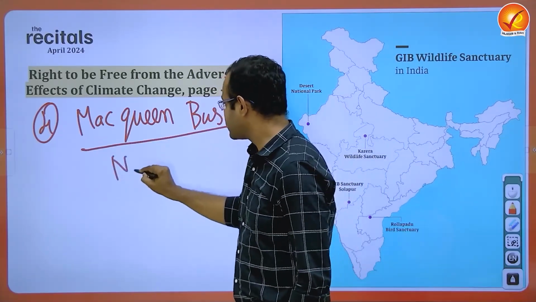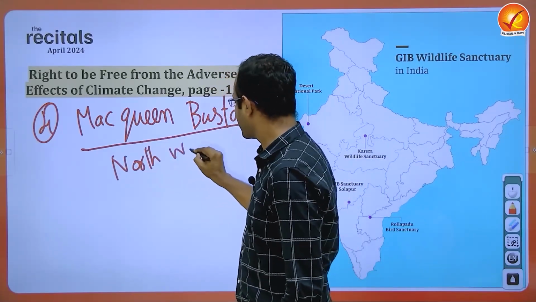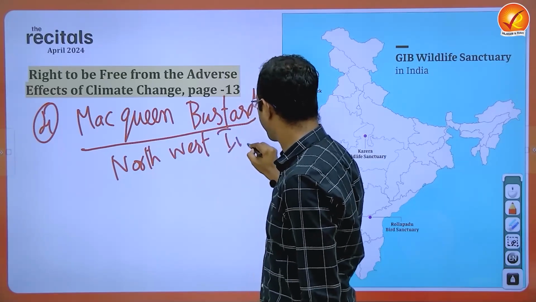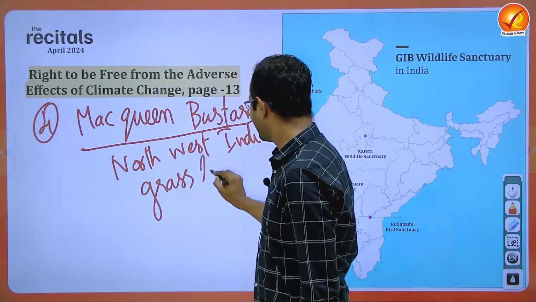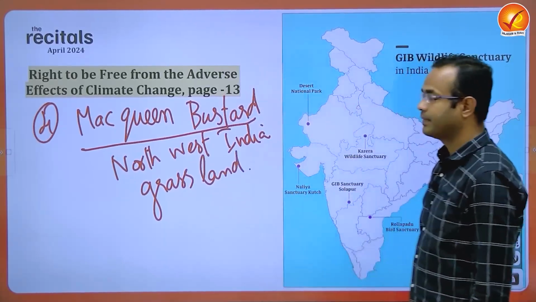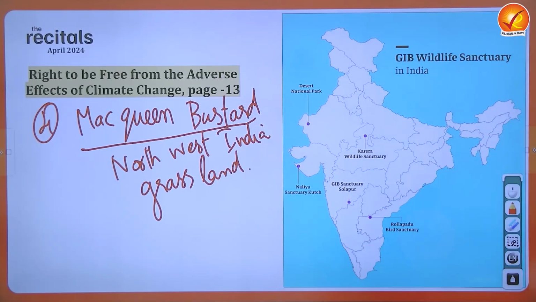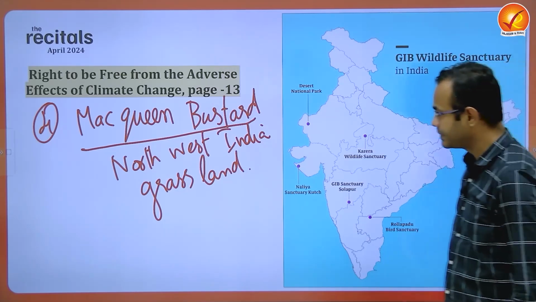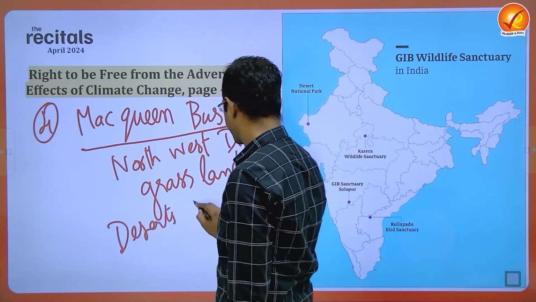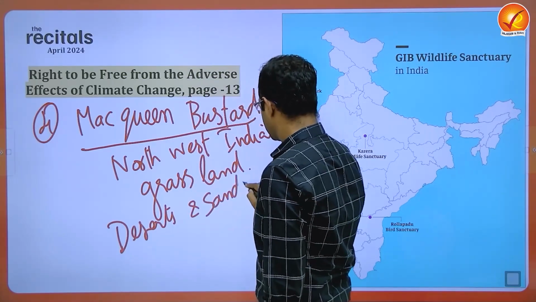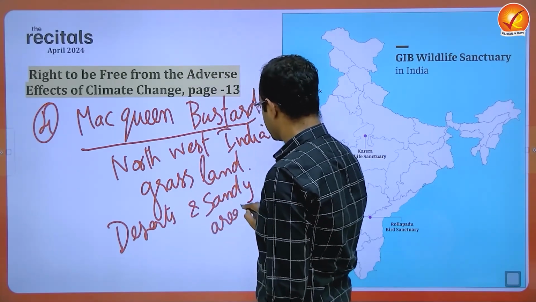This is again present in northwest India, in short grassland ecosystems, in deserts and sandy areas.